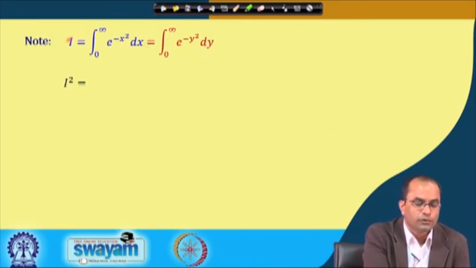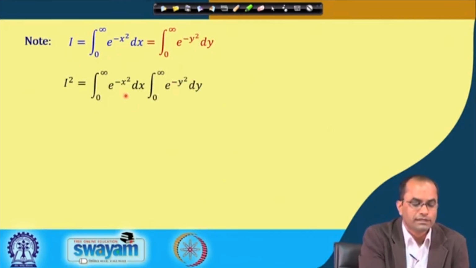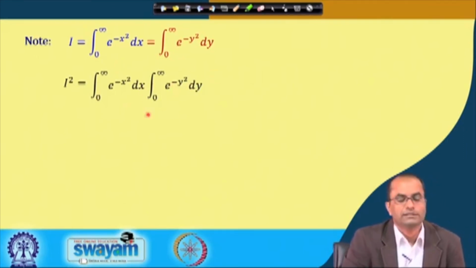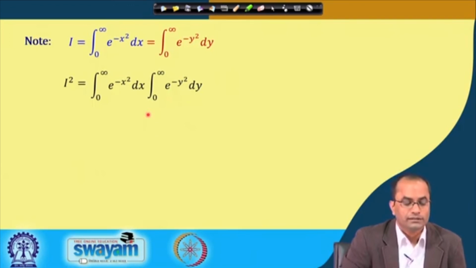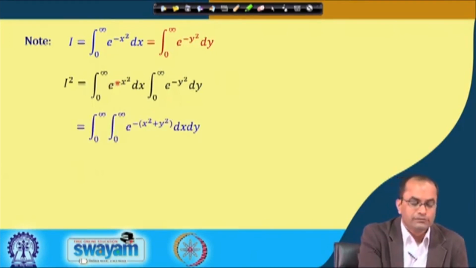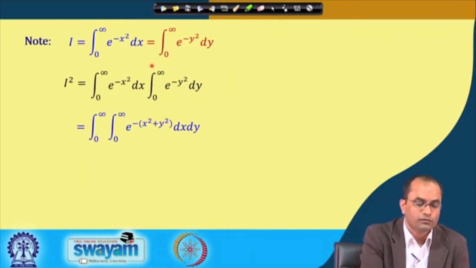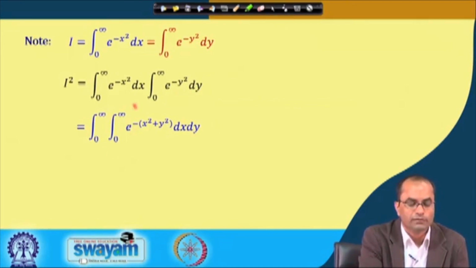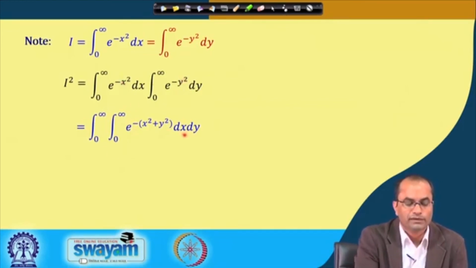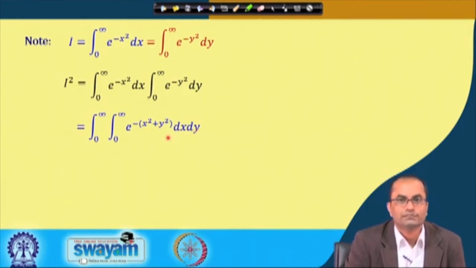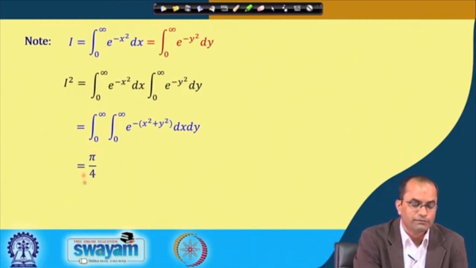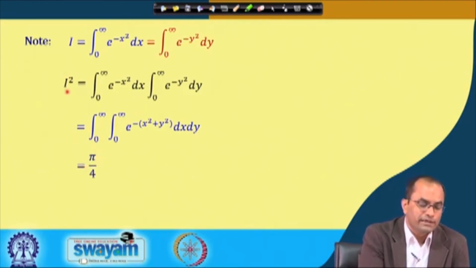We consider the product of these two integrals, that means the integral of e power minus x square dx and the integral of e power minus y square dy, and this we can also write as the double integral of e power minus x square plus y square dx dy, and we know the value of this integral, just previously computed, it is pi by 4. So, this I square is pi by 4.